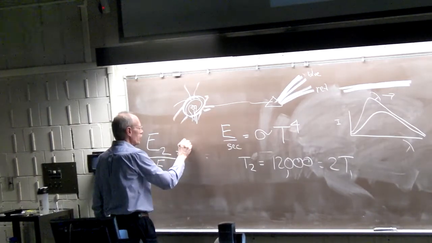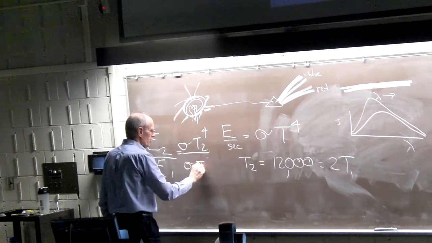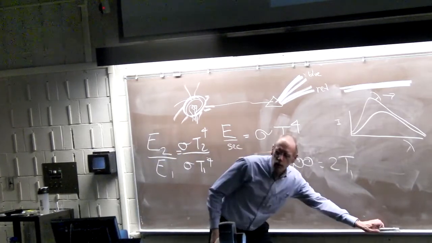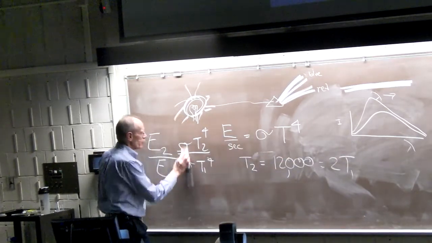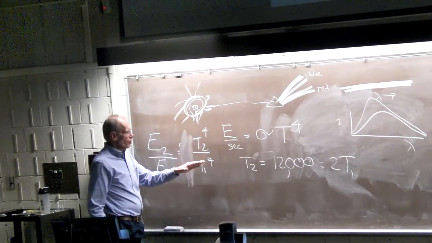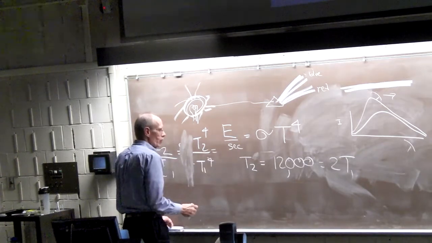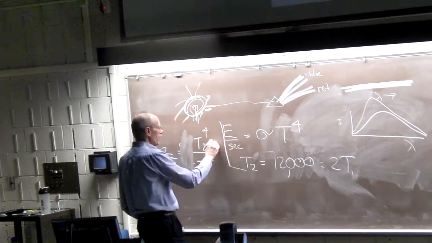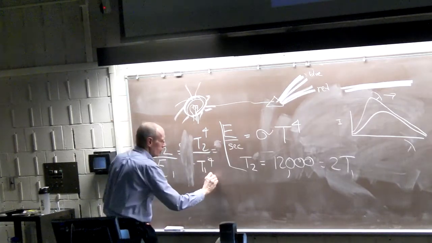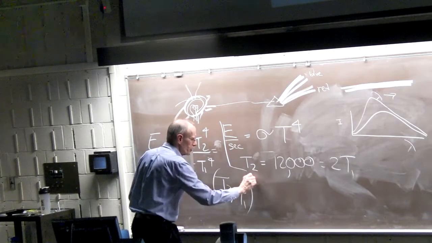equal to sigma T2 to the 4th over sigma T1 to the 4th. And we've seen this enough times now that you know that the sigmas cancel out. So it's T2 to the 4th over T1 to the 4th, and we can also write that as T2 over T1 quantity to the 4th.